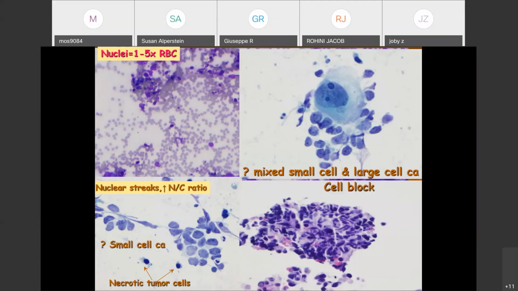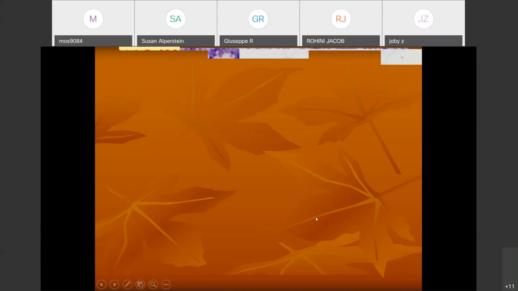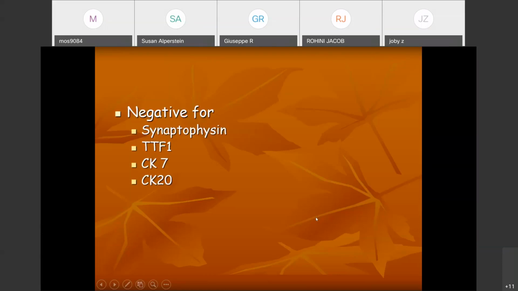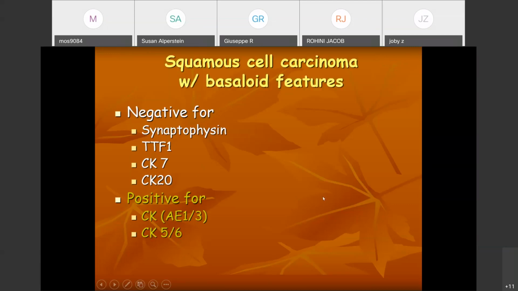And then the cell block shows, on immunostains, it's negative for everything and positive for cytokeratin. So I signed out as a squamous cell carcinoma with basaloid features.